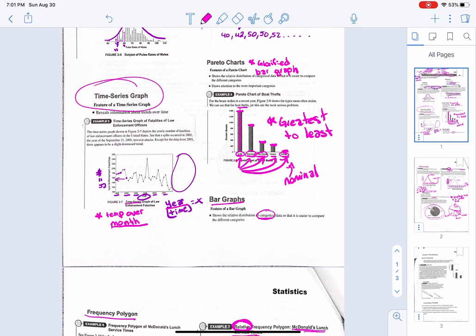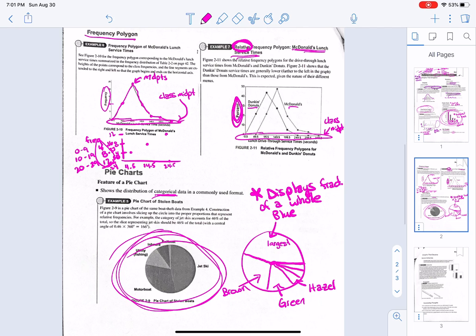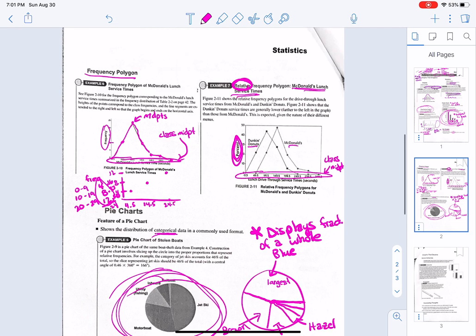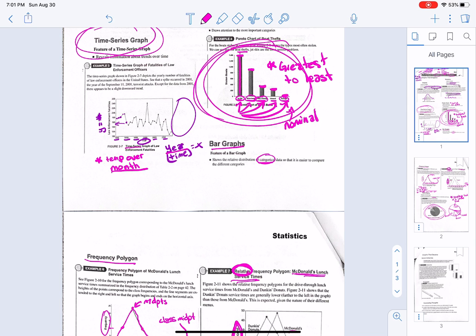Like this data right here in the Pareto chart, that was the jet ski stuff. You wouldn't be able to graph the same stuff on a time series graph versus a Pareto chart. This data could easily be represented as a pie chart as well. So you can pick and choose which graph you want to use for that. But some of the data is better as a time series graph. Some of the data is better as a pie graph, etc.